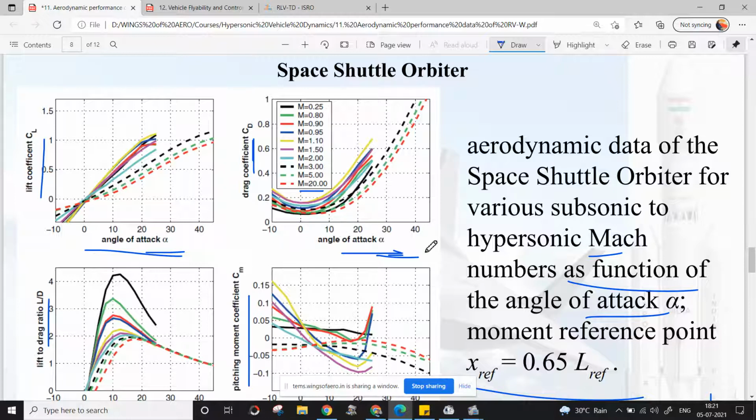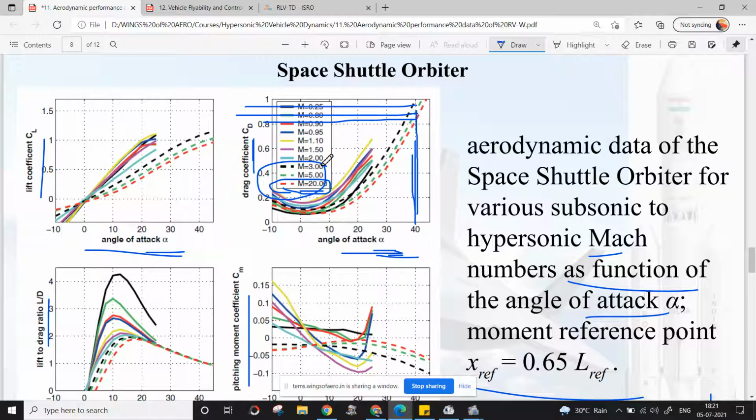The result shows that at Mach number 20, when angle of attack is 40, we can experience high coefficient of drag values. Coefficient of drag is high at three scenarios: Mach 3, Mach 5, and Mach 20.